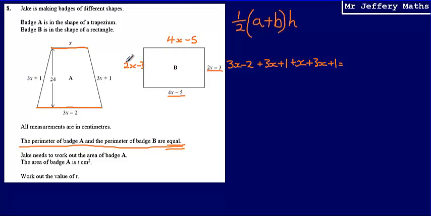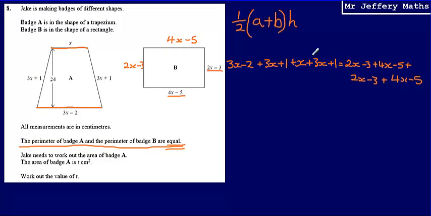So adding all of these sides together gives me an expression for the perimeter of rectangle B: 2x minus 3 plus 4x minus 5 plus 2x minus 3, plus 2x minus 3 plus 4x minus 5. So we've got ourselves an equation, albeit a slightly messy one.